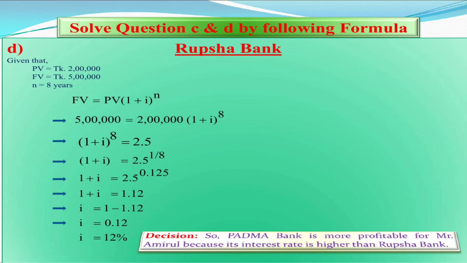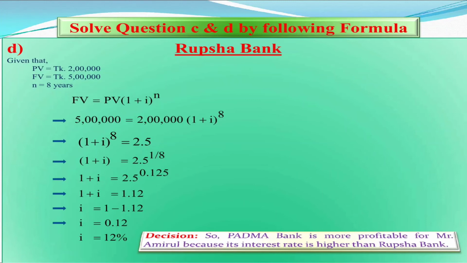So we change the side of the power: 1 plus I equals 2.5 to the power 1 by 8. If we divide 1 by 8, we get 0.125. So 1 plus I equals 1.12, which comes from calculating 2.5 to the power 0.125.